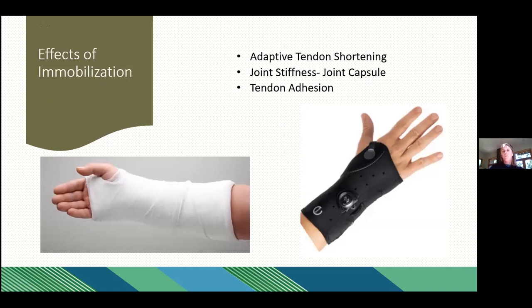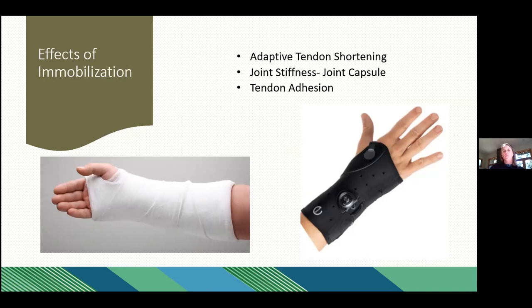But when you have immobilization for any amount of time, you can get a lot of soft tissue issues. So adhesions of your tendons because of that scar tissue, the joint capsule and all those little joints that surround all those little bones in the hand and the wrist can get stiff or also create scar tissue into them.